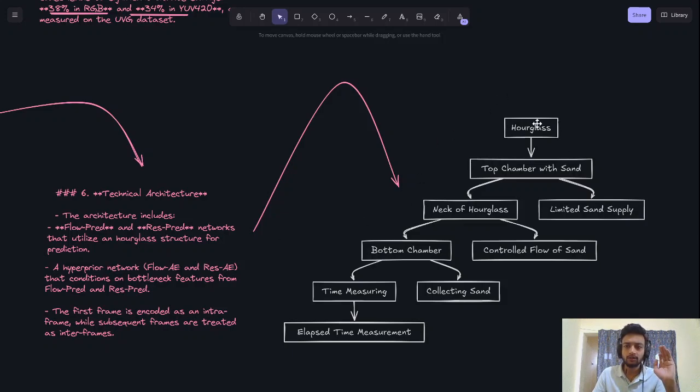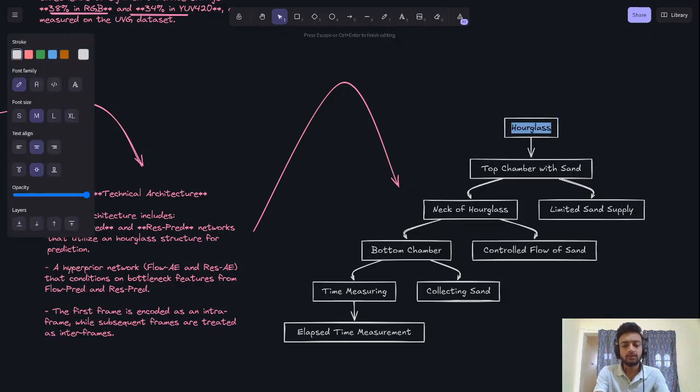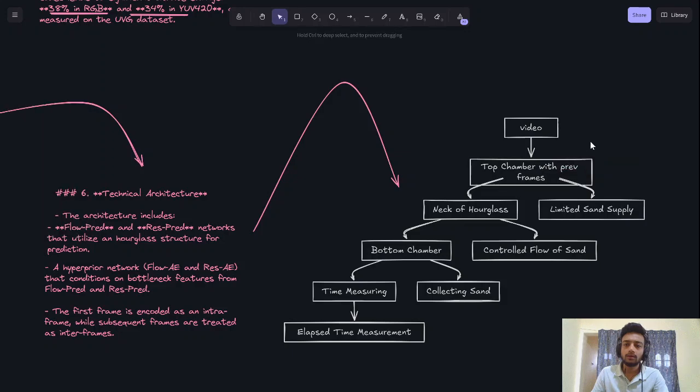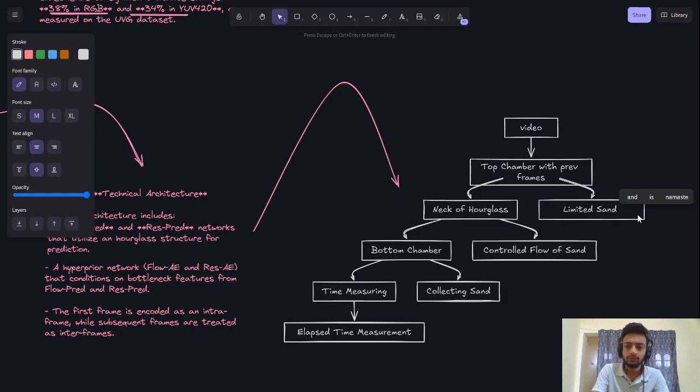Let's say we have one video. The top chamber holds the previous three frames. The next part of our hourglass, the limited sand supply, would be a limited frame supply here.